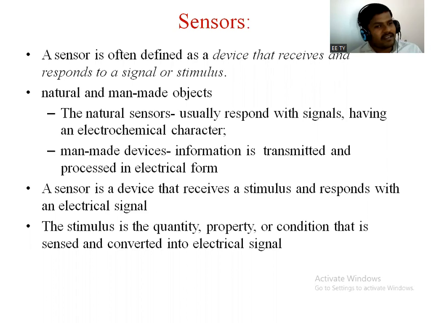Similarly, we took an example in the first lecture, that is controlling of water in the tank. We are controlling the water in the tank by using a valve. But if it is controlled by hand, then one man is required. His eyes and the tank measurement scale act as a sensor, right?